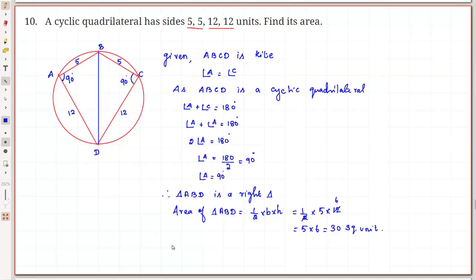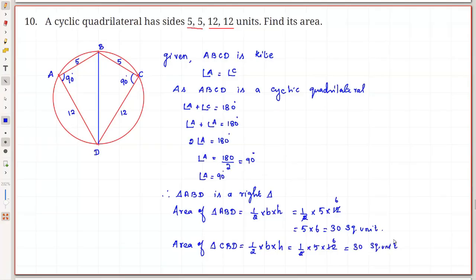So the area of triangle CBD is half into base into height. Half into base 5 and height 12. Simplify, 2 sixes are 12, so 5 sixes are 30 square units.